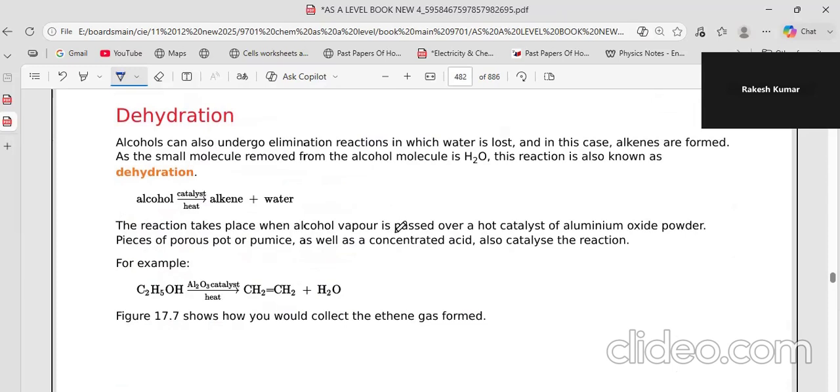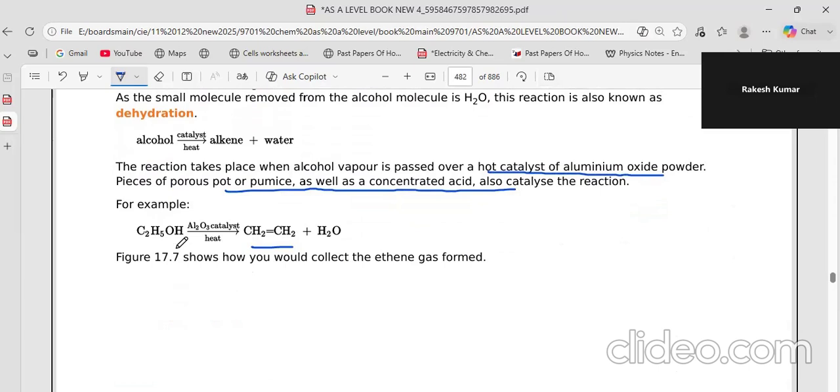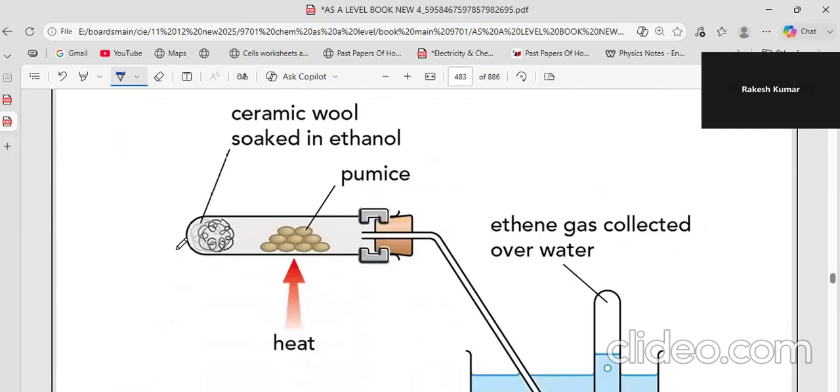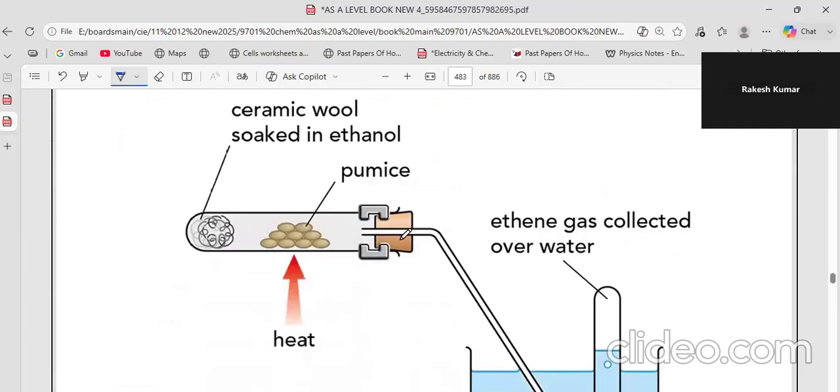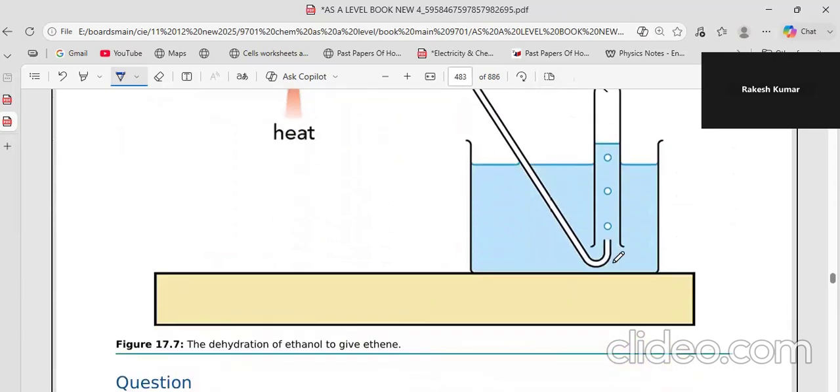Then the dehydration of alcohol: if you take the alcohol over a hot catalyst of aluminum oxide or a porous pot, you catalyze the reaction and it will dehydrate. This is the setup for getting ethene.